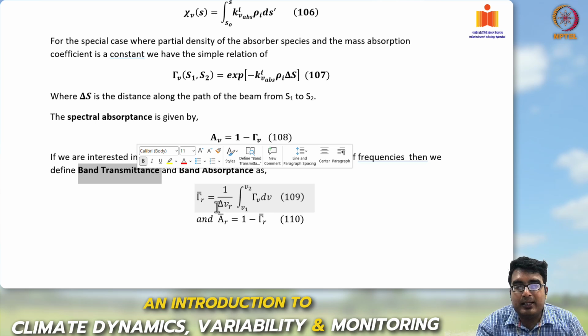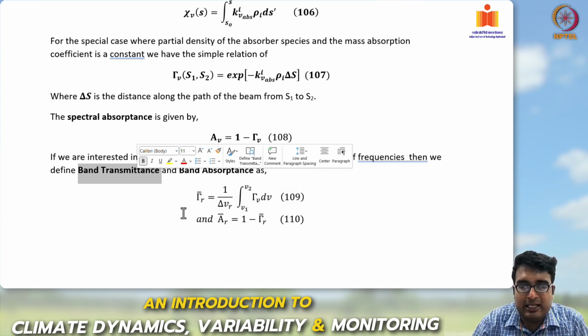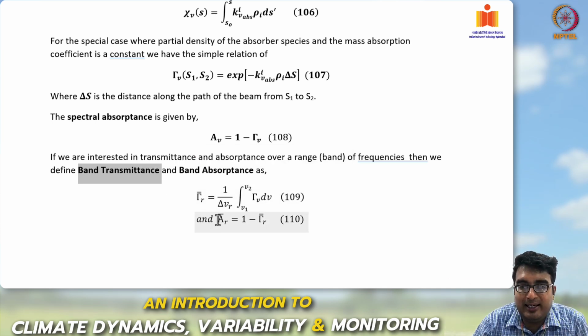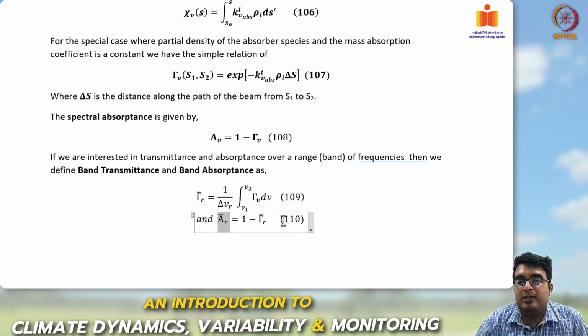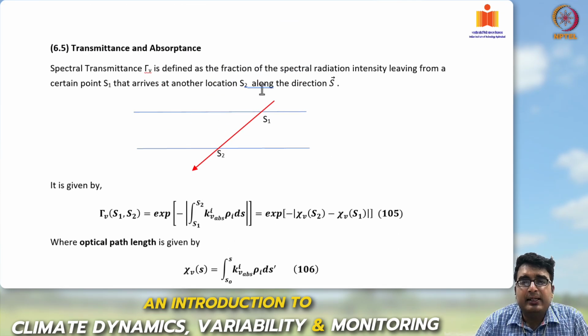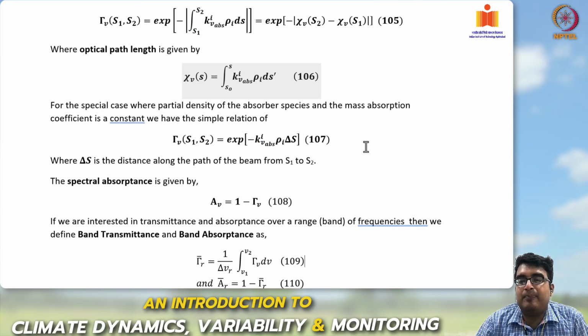So this becomes 1 over 30,000 minus 20,000 hertz, the frequency band, times the integral from 20,000 to 30,000 of the transmittance over that frequency into d nu. So this is the average transmittance over a frequency band. Similarly, the alternate is average absorptance over the frequency band. So this defines what transmittance and absorptance are.